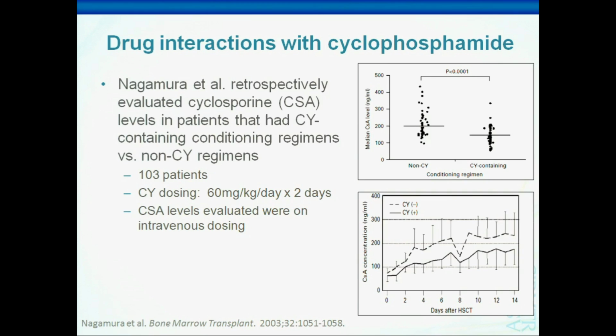The dotted lines were those patients that did not have cyclophosphamide-containing regimens and those that did. And as you can see, this was taken out to 14 days, or day plus 14. So the effect lasted quite a bit longer after cyclophosphamide had stopped.